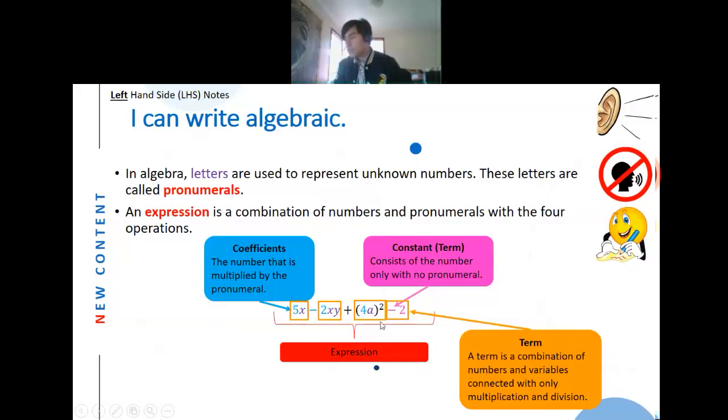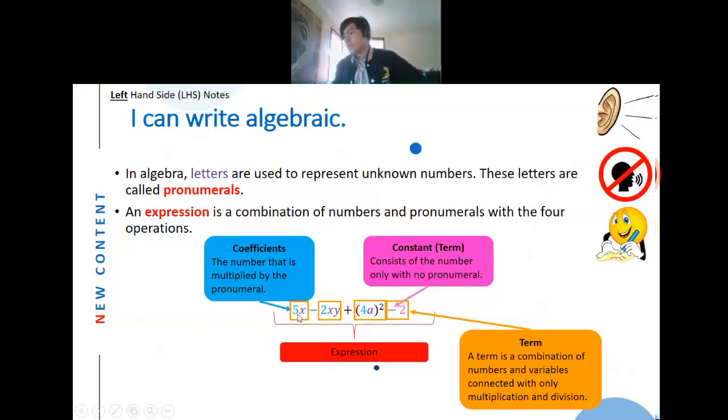So the other things that you need to know from this slide, and you need to write this down, are the key terms here. So coefficients. The coefficients are the numbers that are multiplied by the pronumerals. So in the case of the 5x here, the coefficient would be the 5. I like to think about the coefficients as the numbers that stand in front of the letters.